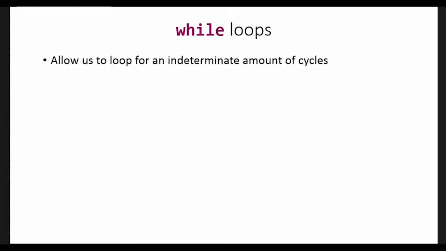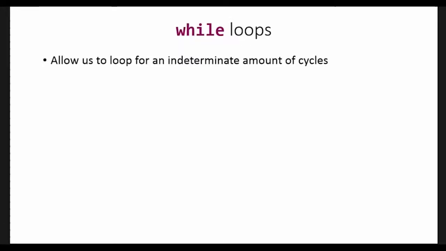Now, while loops are really, really similar to for loops, and they can be used interchangeably to some extent, but they are different in one essential way. So this is that they allow us to loop for an indeterminate amount of time, or an indeterminate number of cycles. So instead of having a determined number of cycles, now we can do it until something happens.